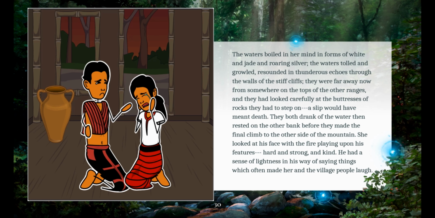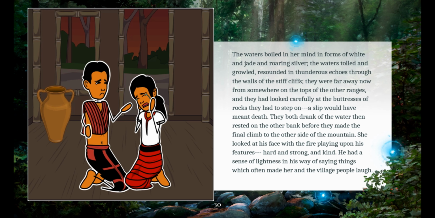The waters tolled and growled, resounded in thunderous echoes through the walls of the stiff cliffs. They were far away now from somewhere on the tops of the other ranges, and they had looked carefully at the buttresses of rocks they had to step on. A slip would have meant death. They both drank of the water, then rested on the other bank before they made the final climb to the other side of the mountain.